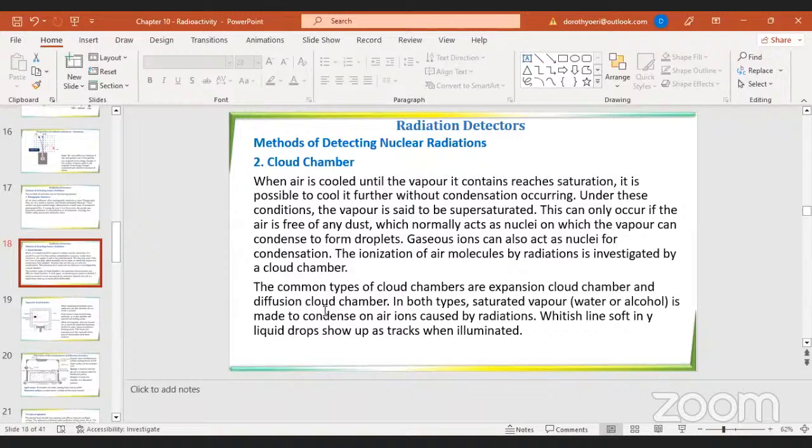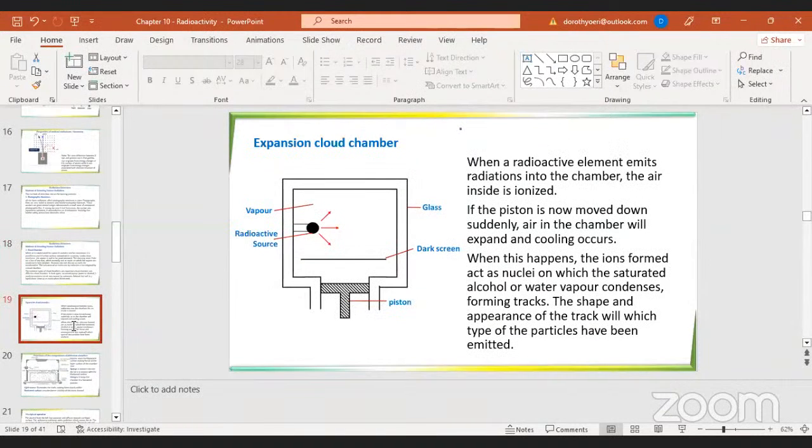That is a diagram of the expansion chamber, with a source producing whatever radiation, whether alpha, beta, or gamma.